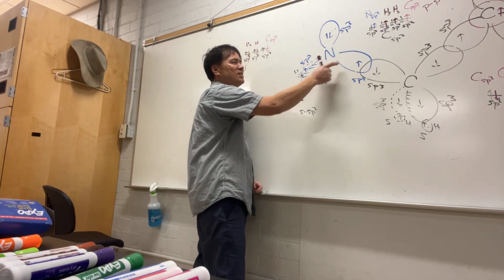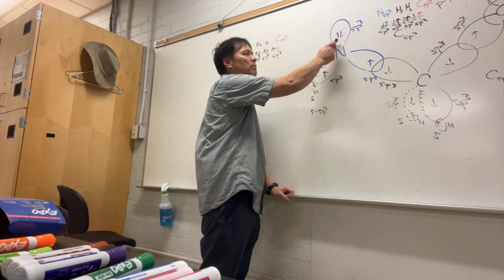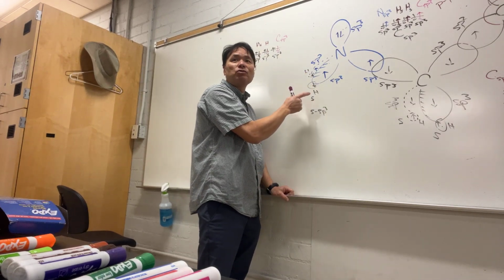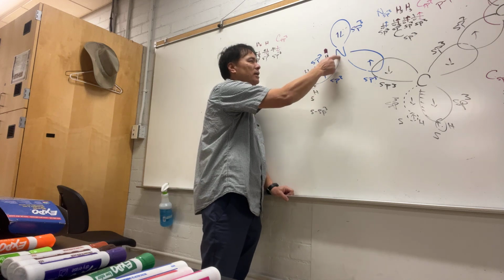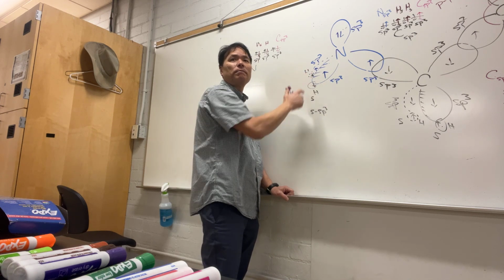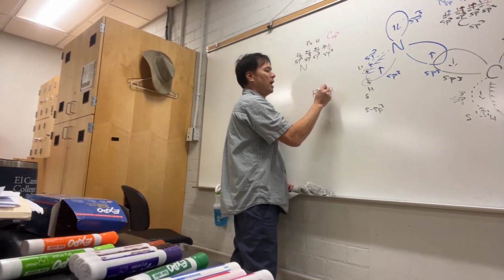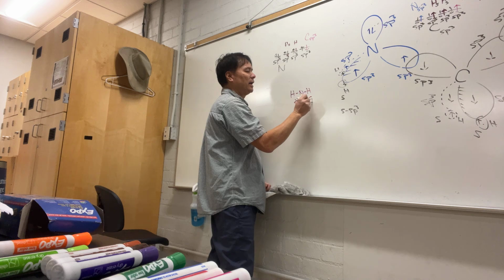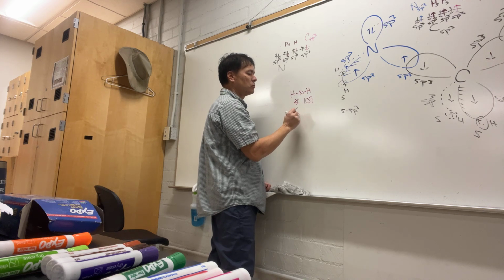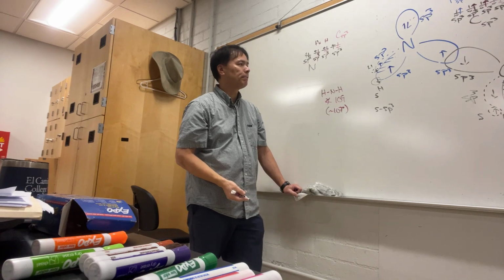And when it pushes these 3 balloons down, we'll just come up with a guesstimate. For every lone pair, it's going to distort the angle by about 2 degrees. So the HNH angle should be about 107. And so the HNH angle, ideal is 109, but distorted, maybe it's going to be about 107 degrees.